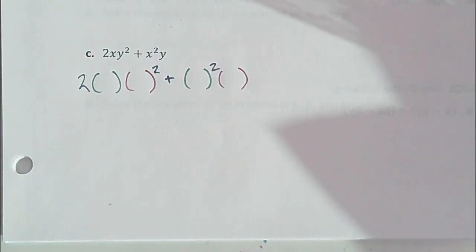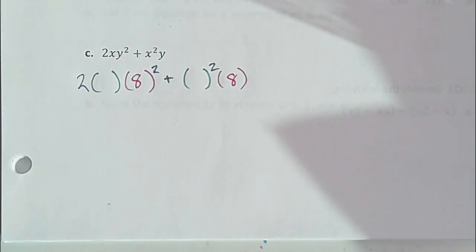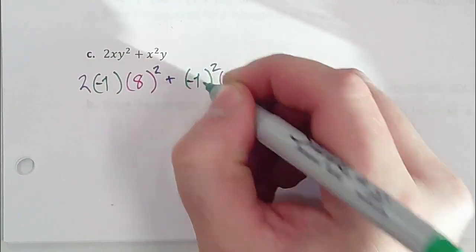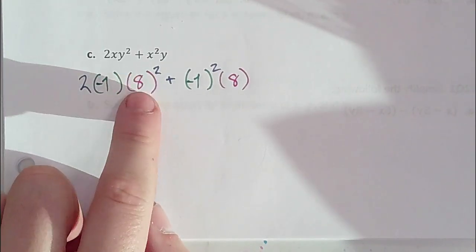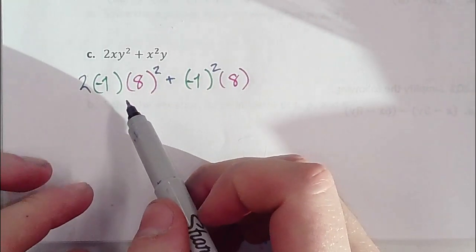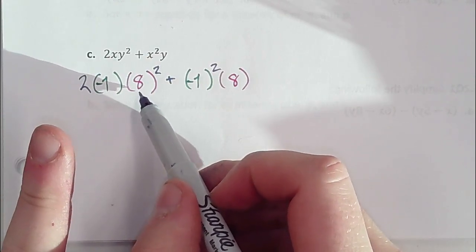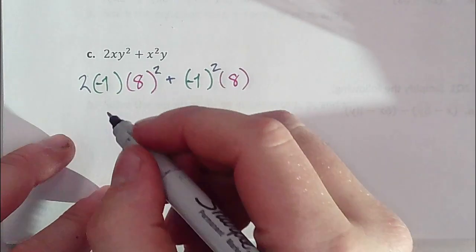So now that I've got this set up, I can plug in my values for x and y. Remember, y is positive 8 in this problem, and x is negative 1. That's what they told us at the beginning in the directions. And so now we just multiply across. This means 2 times negative 1 times 8 times 8. So we can do it in any order we want. I think I'm going to do negative 2 here times 8 once, which gets me negative 16, times 8 again, which is going to get me negative 256.